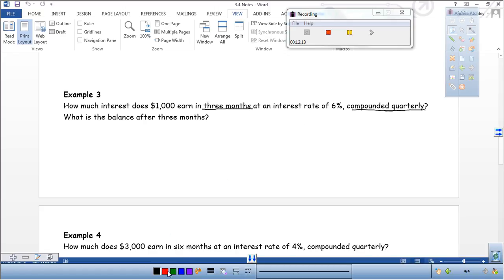Okay, so our time is going to be the 3 months out of 12 months, which is 0.25. So our time is 0.25.